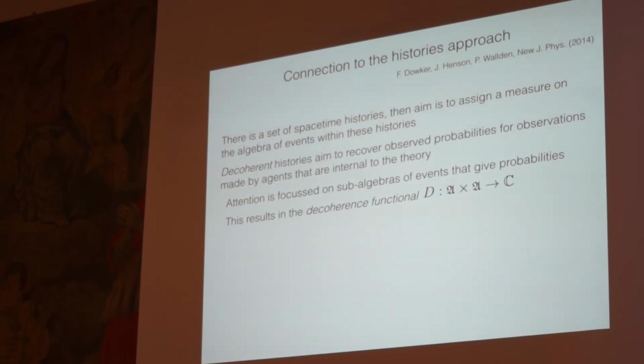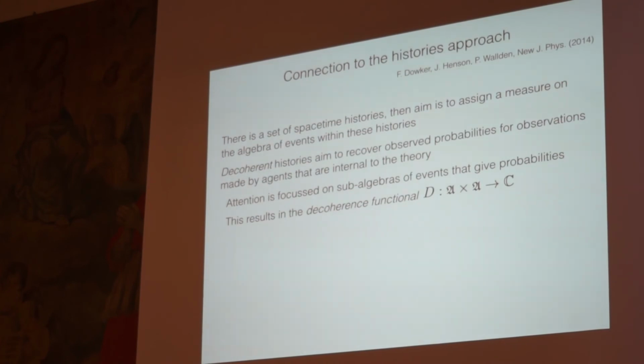So, like I said, I'm not an expert, but I'll give a broad strokes outline of histories: we have some set omega of space-time histories, and the aim is to assign a measure on the algebra of events associated with these histories, and then decoherent histories, or consistent histories, aims to recover observed probabilities for observations made by agents within this set, so it's internal to the theory.